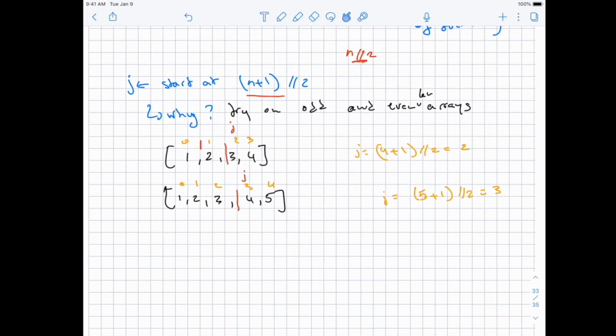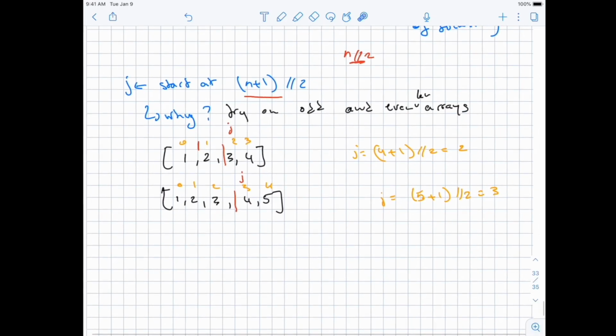And so this is basically the calculation. If we use (n + 1) / 2, then for this array we would be here, and for this array we would be here. You may say, why push it here and not put it here for the odd elements? Well, if you put it here, you are guaranteed to have at most 2 pairs.